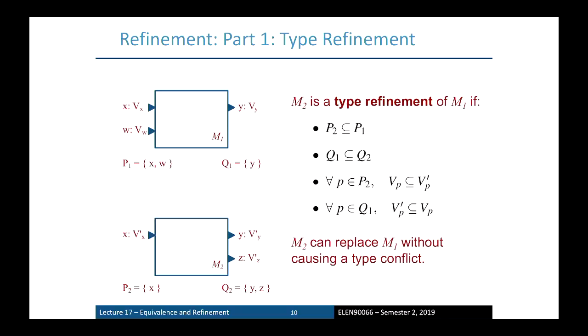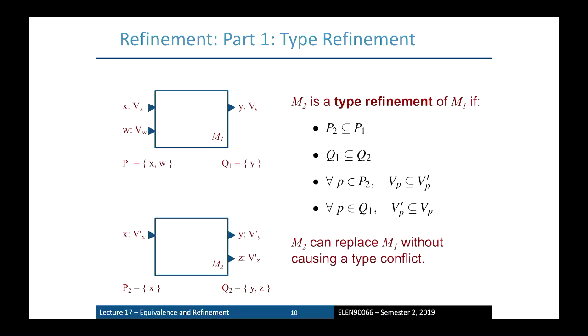Remember, this is how we are characterising our FSMs in this formal set notation. It has output Y, which lives in space Vy, and the set of outputs is just Y. So let's say we had another machine, M2, that has only a set of inputs X, where it belongs to this new Vx prime, and additional outputs Z that belong to Vz prime, and the set of outputs is now Y, Z. So it's got additional outputs but a restricted set of inputs.